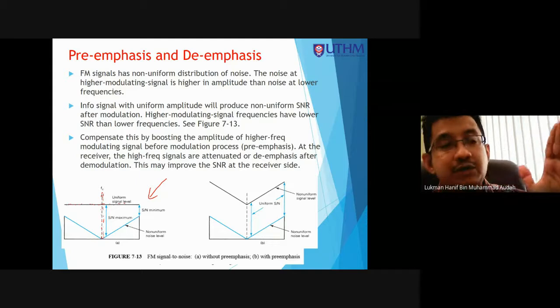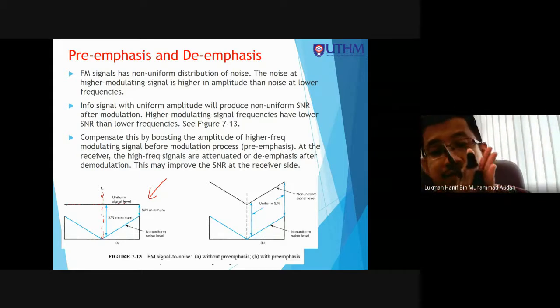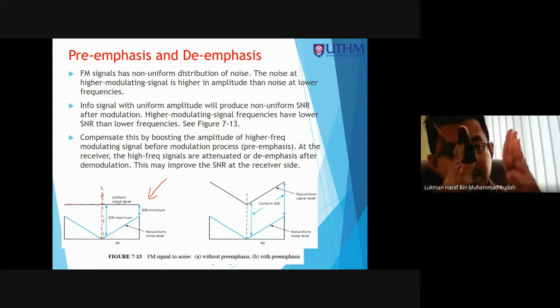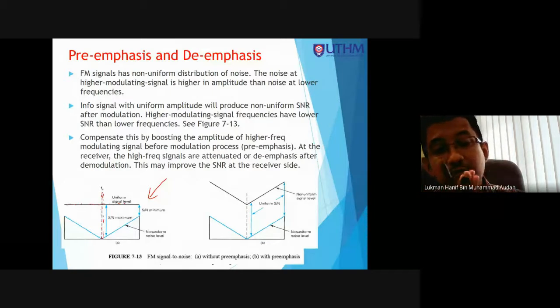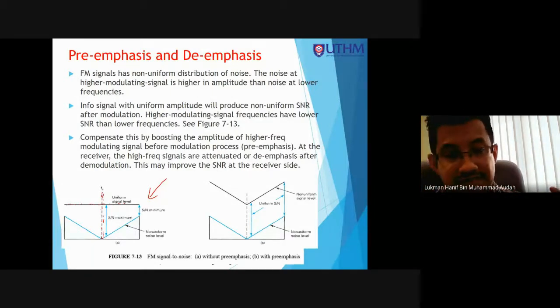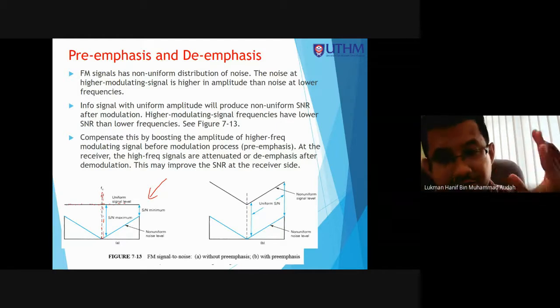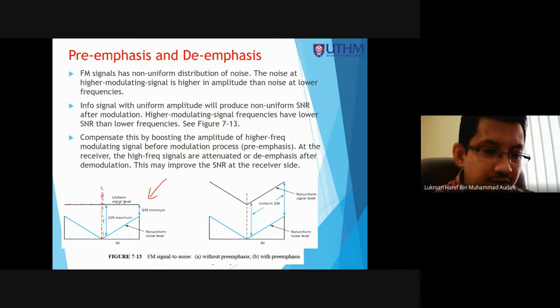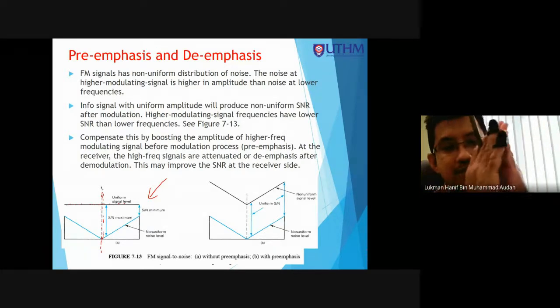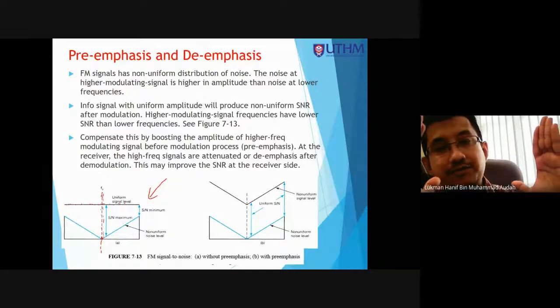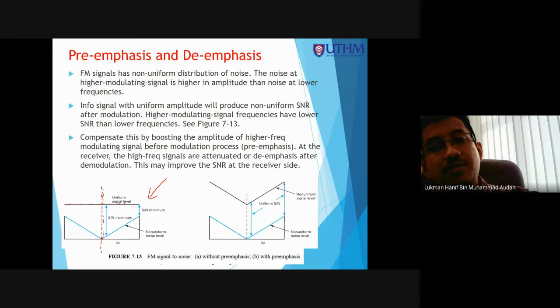Dalam angle modulations yang berubah adalah frekuensi dan fasa. Manakala amplitude-nya tidak berubah. Dia tidak berubah amplitude, sebaliknya hanya berubah frekuensi dan fasa. So that's why digambarkan di sini sebagai uniform signal level. And if you remember, the frequency and the phase are changing in accordance with the amplitude variation of the input.